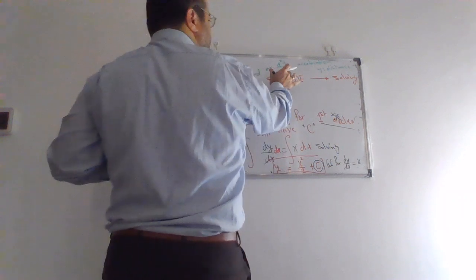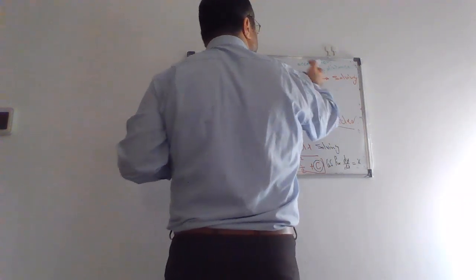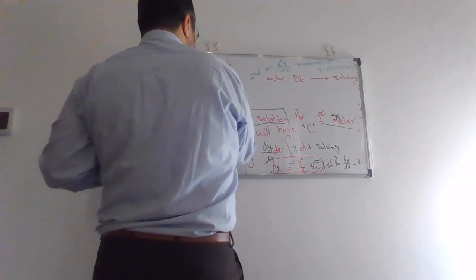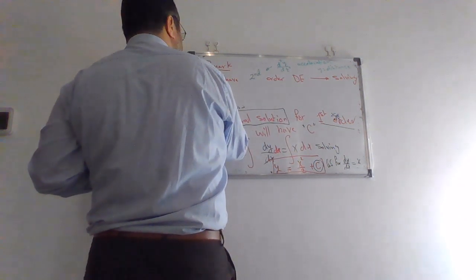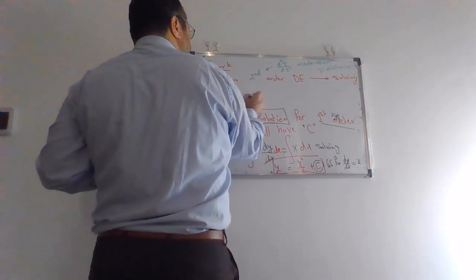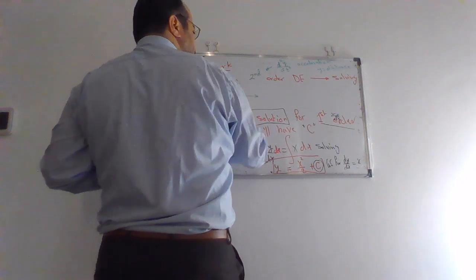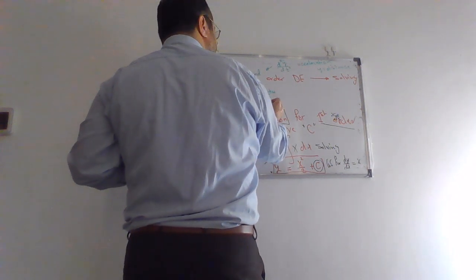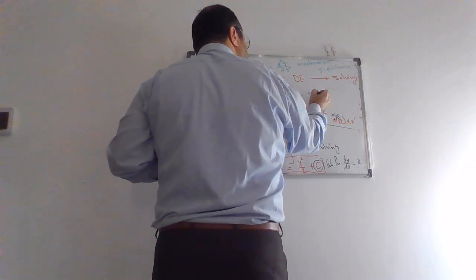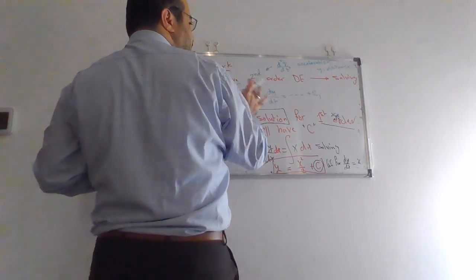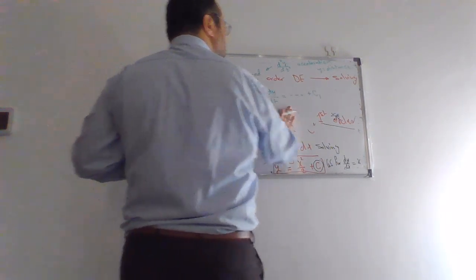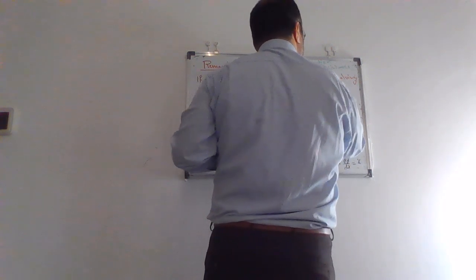Solving, integrate one time and we will get velocity: dy over dt equal to something plus constant number 1, because you integrated one time, so the first constant of integration. Here you will get velocity.